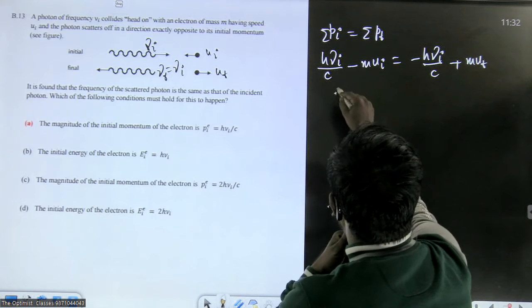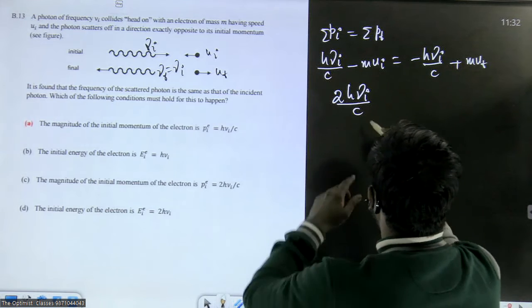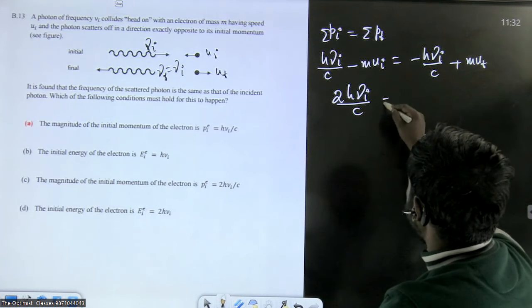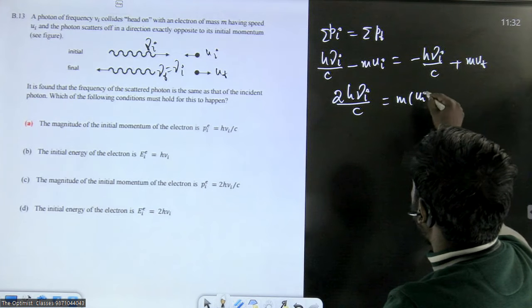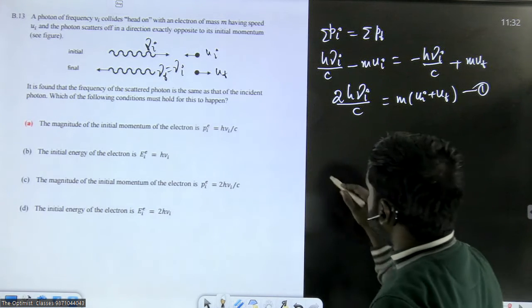Bring it to this side, so you get 2 times h nu I divided by c, since the frequency is given to be the same, equal to m times (u I plus u f). This is the first equation.